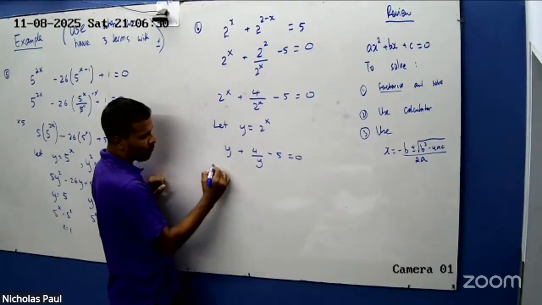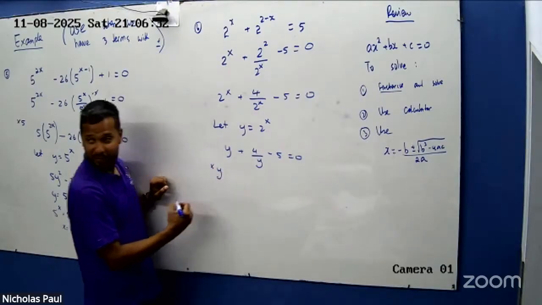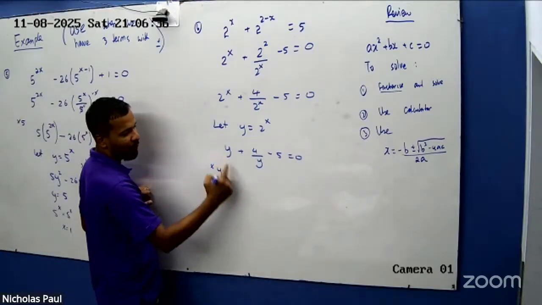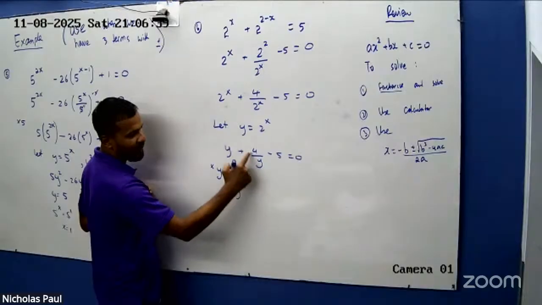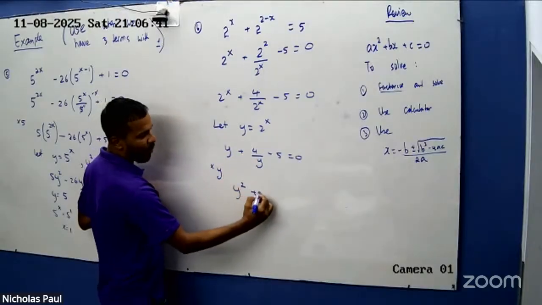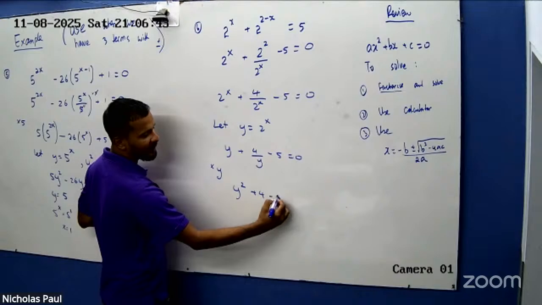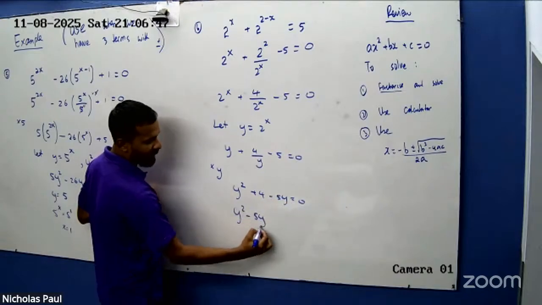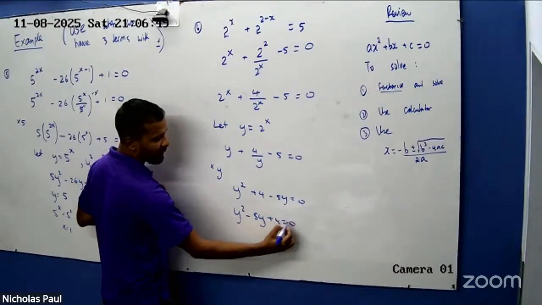Now multiply everything by y. It might be easier to see that y by y is y squared, y by 4 on y is 4, y by this is 5y. So you end up with y squared minus 5y plus 4 is 0.